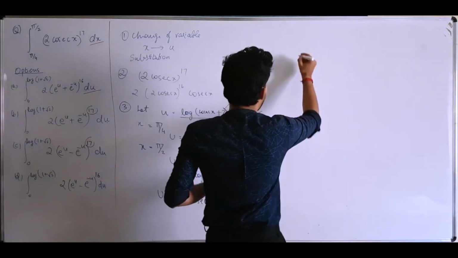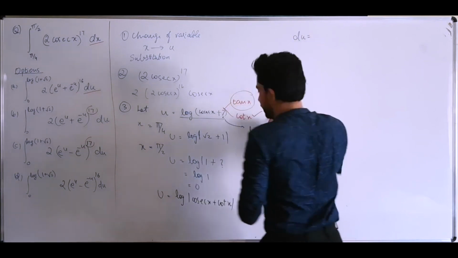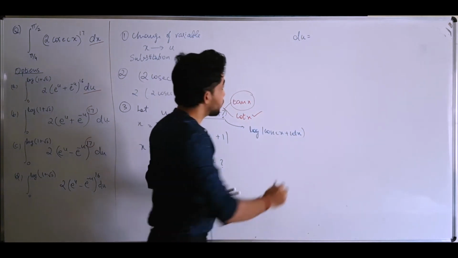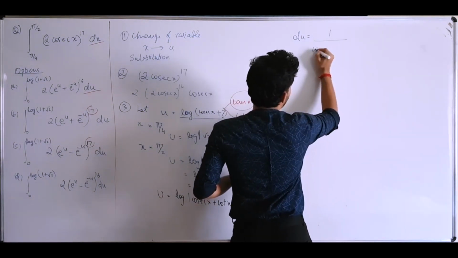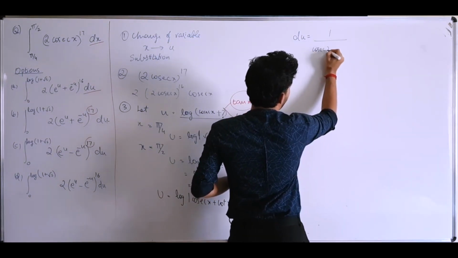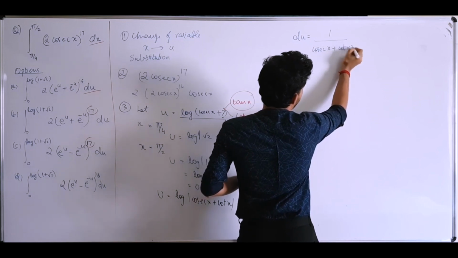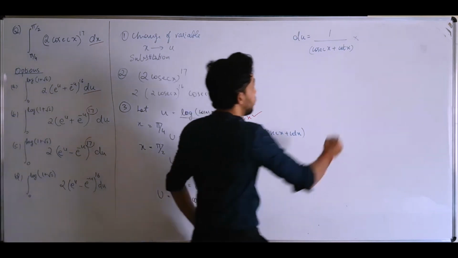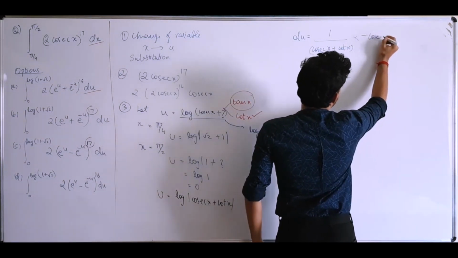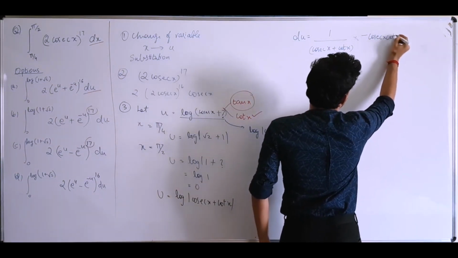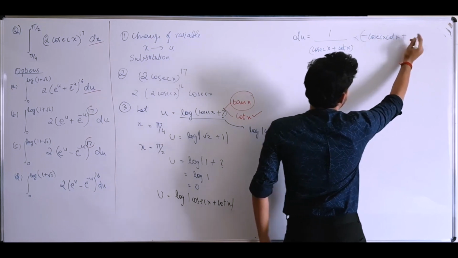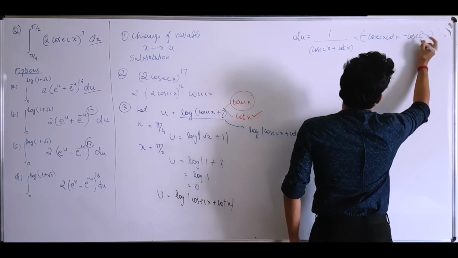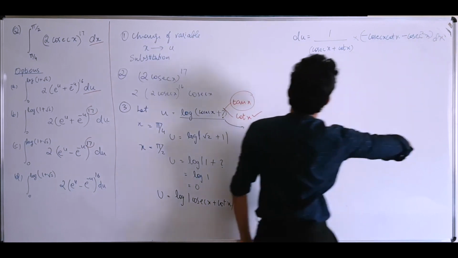If I differentiate this expression here, I'm going to get 1 by cosec x plus cot x, whole into the differentiation of this, that is cosec x is minus cosec x cot x, and cot x will be minus of cosec square x, into dx.